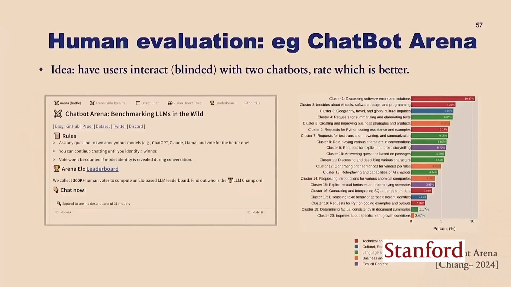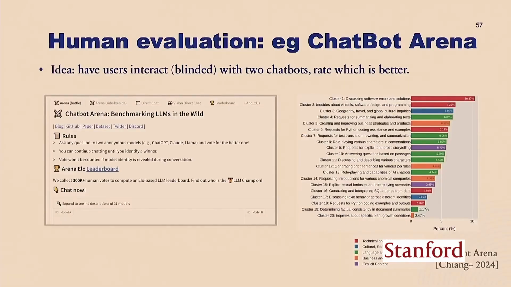Okay, so probably the most common, or the most trusted benchmark, is what we call Chatbot Arena, which is basically: go on the internet, have random users blindly talk with two chatbots, ask many questions, see the two answers, and rate which one is better.